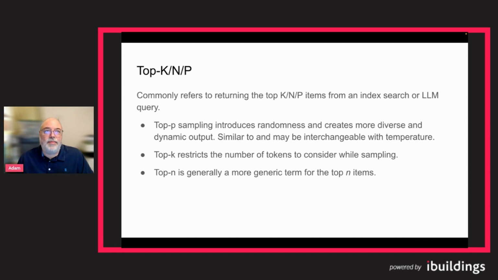Top N tends to be give me the top number of answers. You'll see that a lot when you're making requests. In chat completion for OpenAI they just call it N. This is the number of responses I want back. Sometimes you'll want a list of options. Sometimes you may want to randomize it yourself.